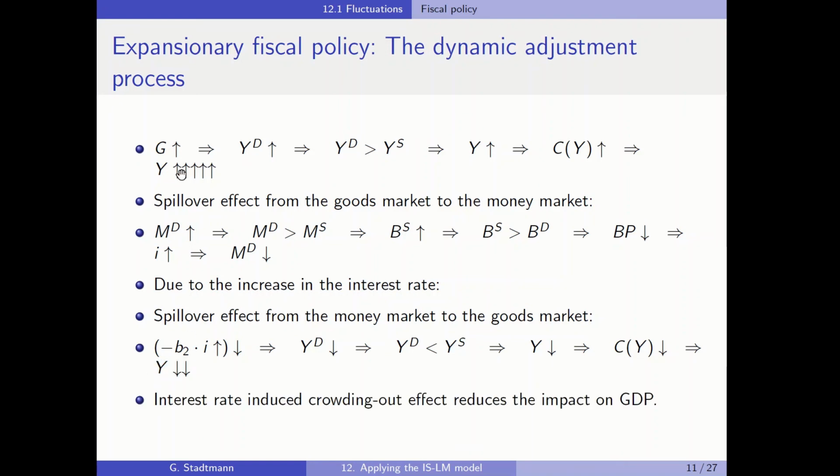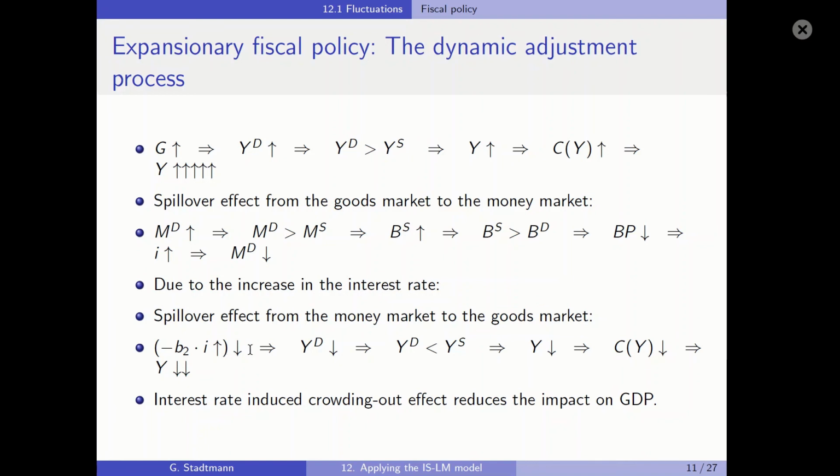So in the end, when we compare the effectiveness in a pure goods market model, like in the Keynesian cross, GDP increases by 5 arrows. But here, due to the spillover effect from the money market to the goods market, investment is lower, and therefore GDP is lower than in a pure Keynesian cross model.